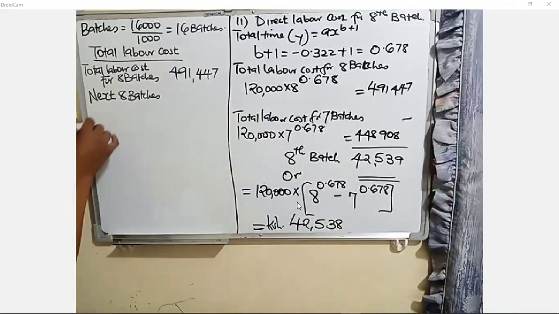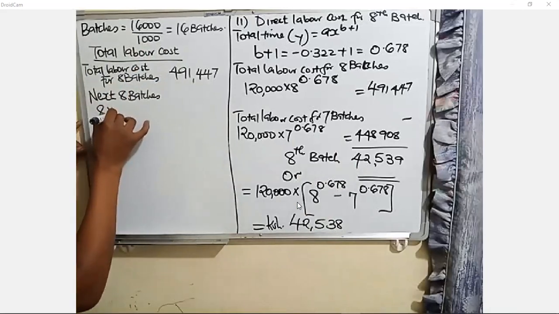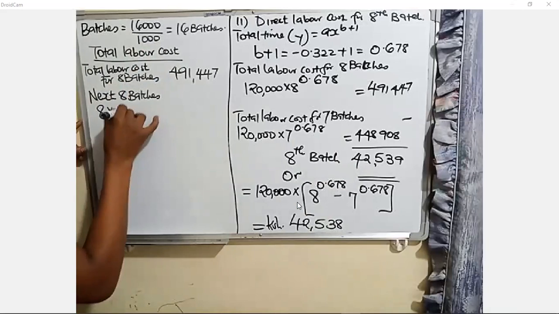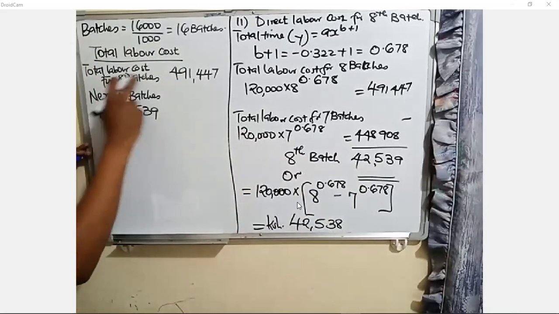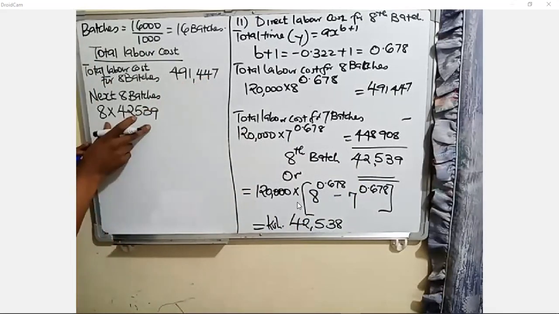So I just need to take 8 times 42,539 that you got using the first formula, because we have been told the cost for the other batches will be the same. Because of the learning effect, it has reduced for the next 8 batches.